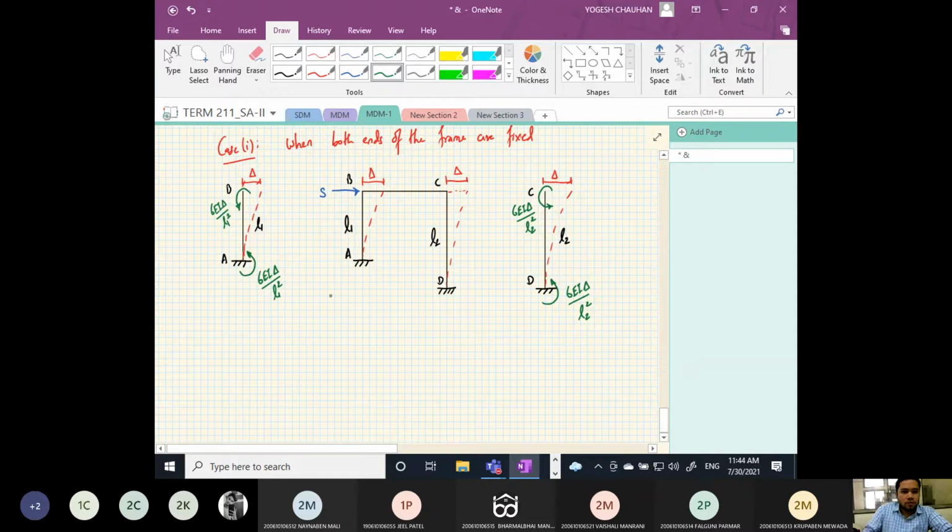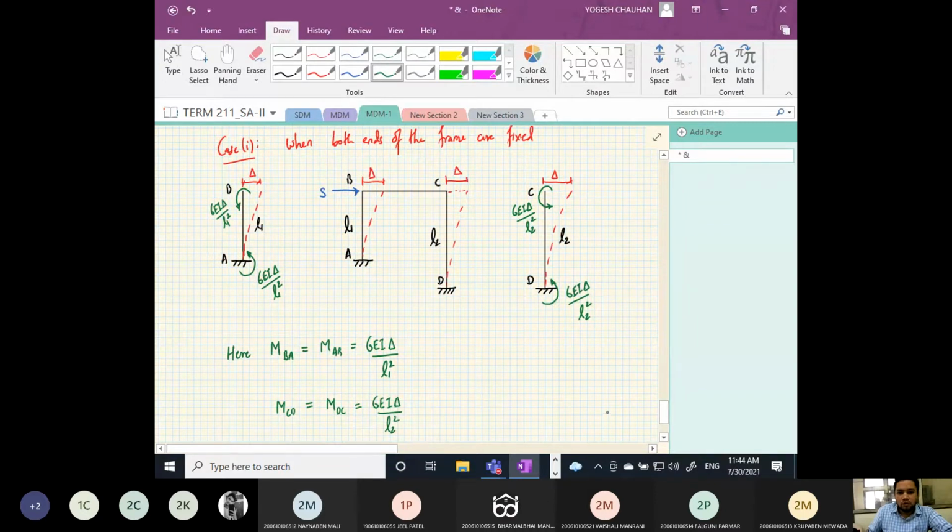Now here we don't know the value of delta, so we don't know this moment. So here M BA is equal to M AB, which is equal to 6 EI delta by L1 square, and M CD is equal to M DC equal to 6 EI delta by L2 square.